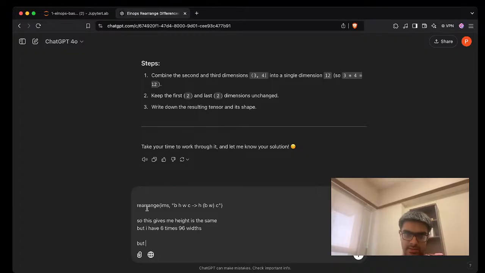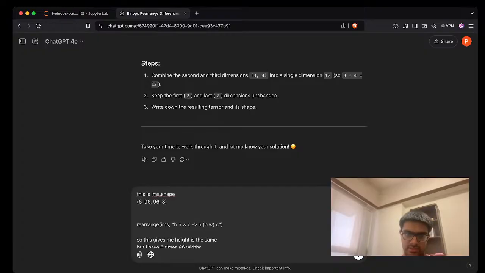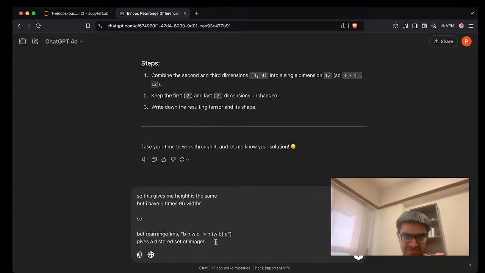But the same thing, WB gives a distorted set of images. So, okay, distorted.